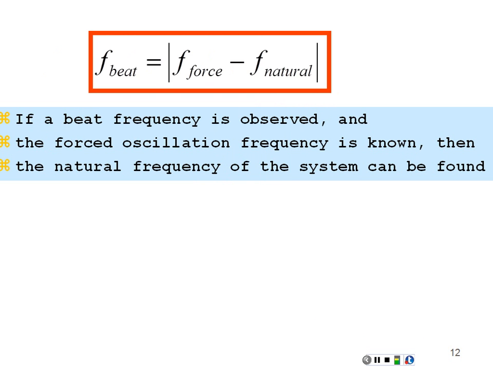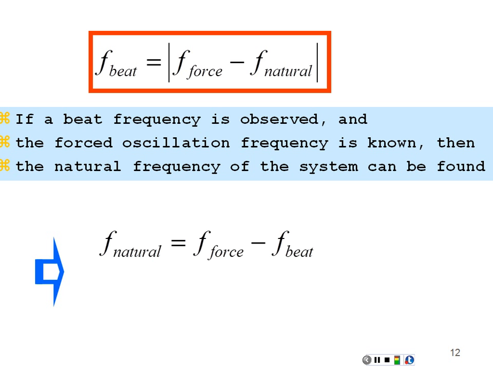You could do this also with a natural system that you force a frequency onto, and if you start observing beats, then you know that your forced oscillation is very close in frequency to the natural frequency, and by measuring the beat frequency, you would be able to determine where the natural frequency was.